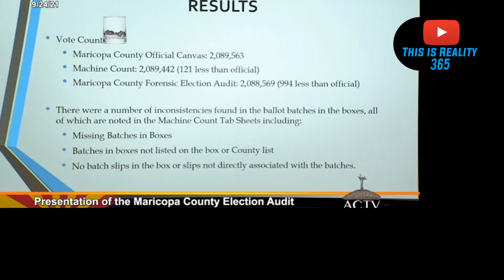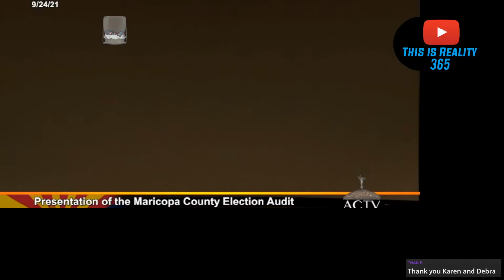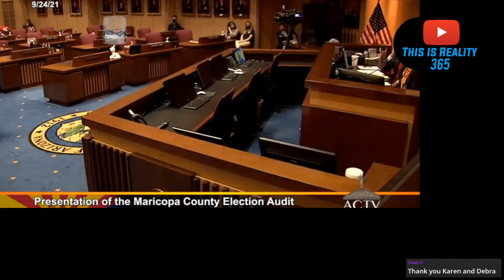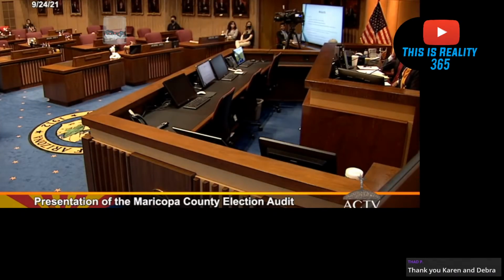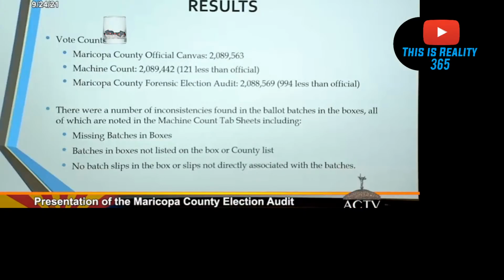The Maricopa County official canvass, you can see it's been reported earlier, and we did the machine count, and it was very close. We were 121 ballots less than they had counted, which, again, you can see in the forensic election audit, that count on the ballots was a little bit less, but all of it was within 1,000 of what Maricopa County did.